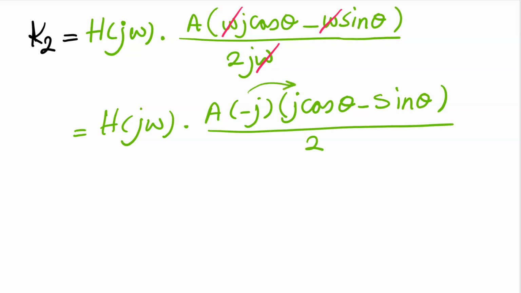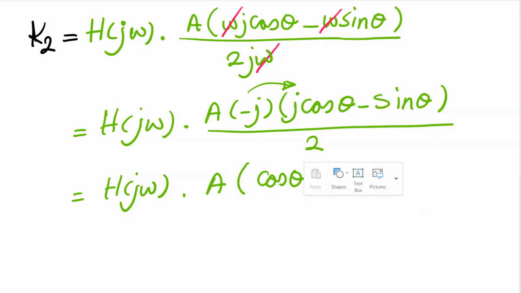Let's distribute this j over this parenthesis. So it will be h of j omega multiplied by a multiplied by minus j multiplied by j is going to be 1. So cosine of theta, and minus j multiplied by minus is going to be plus j sine of theta divided by 2.